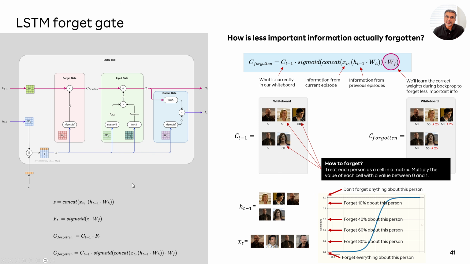And the reason is that the role of a forget gate is to take what already exists, which is c_(t-1), and multiply it with what is coming in the current episode, along with what it has seen so far. So it will change the values of those characters that are already in the whiteboard. There is no provision here to add anything, correct? It's only changing the scores of characters that already exist in our whiteboard. So that is what the forget gate does.